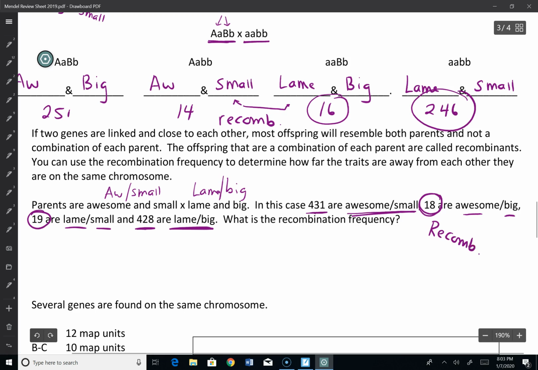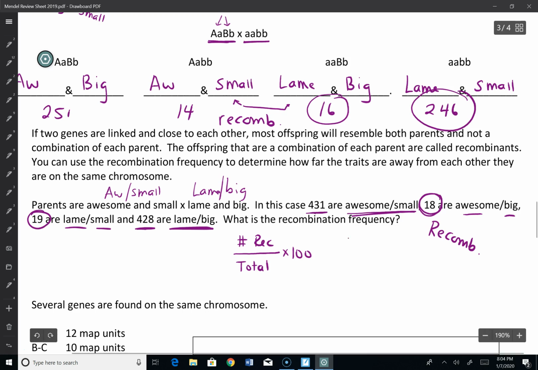Now the way that you do this is you take the total number of recombinants divided by the total number of individuals or the total number of kids or whatever you want to call it, and then you're going to multiply that by 100. And that's going to give you what is known as a crossover frequency, which can be converted to what are known as map units. So in this case, 18 plus 19 is 37.